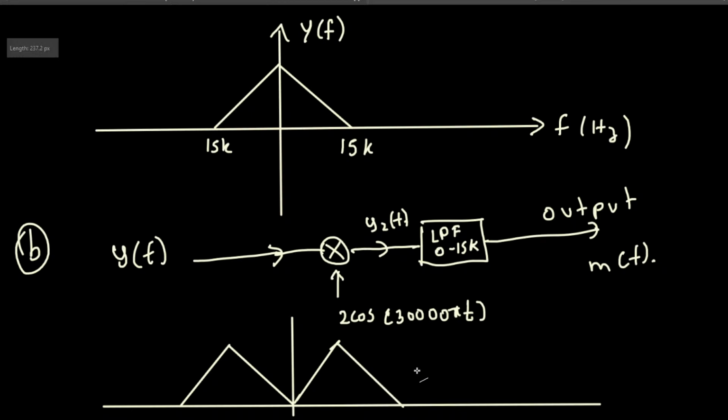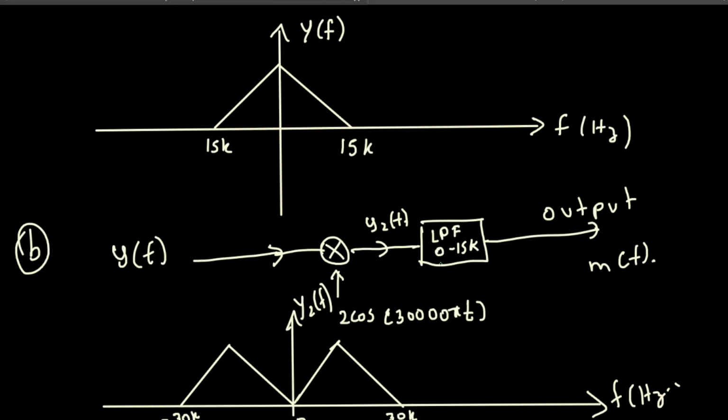We know that from the center it is 15k, so the total distance is 30k. This is minus 30k, this is plus 30k, and this is 0. This is y2 of f, in the frequency domain.